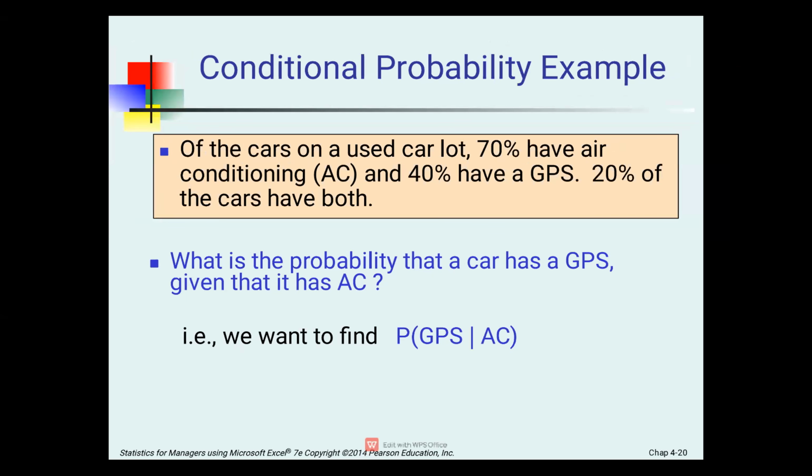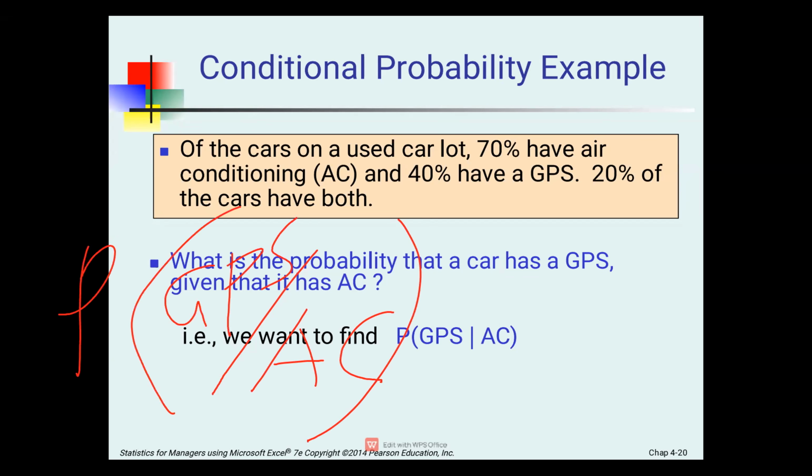So what you are given first is what you start with. What are you given? Air condition, isn't it? Yes. Then what is the probability that it has GPS? So this is your question, and you're looking for this probability.